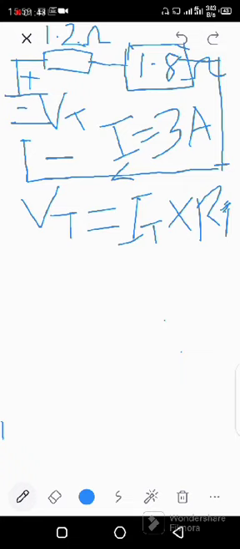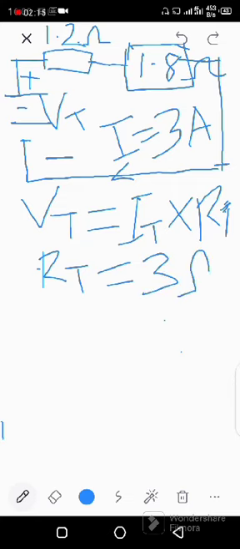So what you only have to do here is add 1.2 ohms plus 1.8 ohms. So 1.2 plus 1.8 will give us 3 ohms as our total resistance.